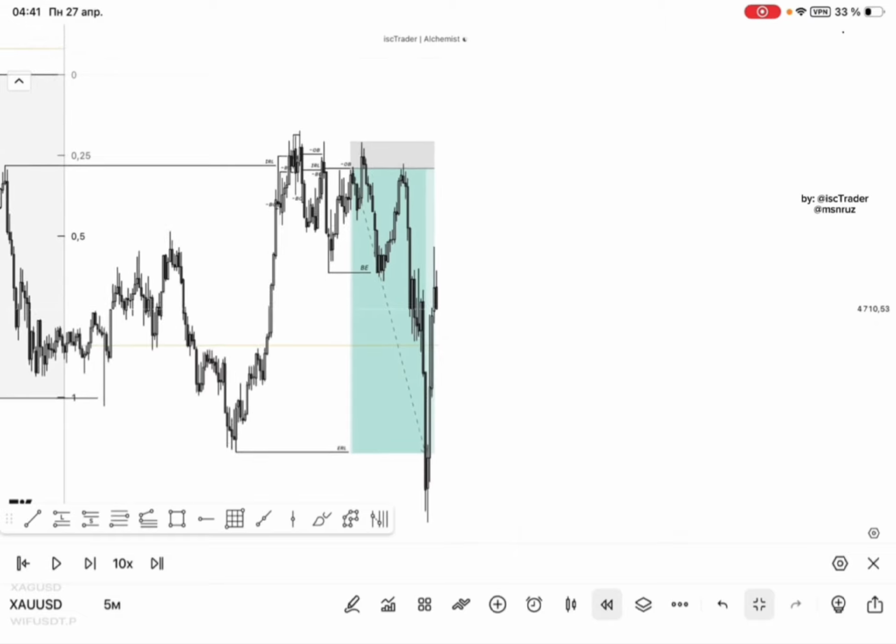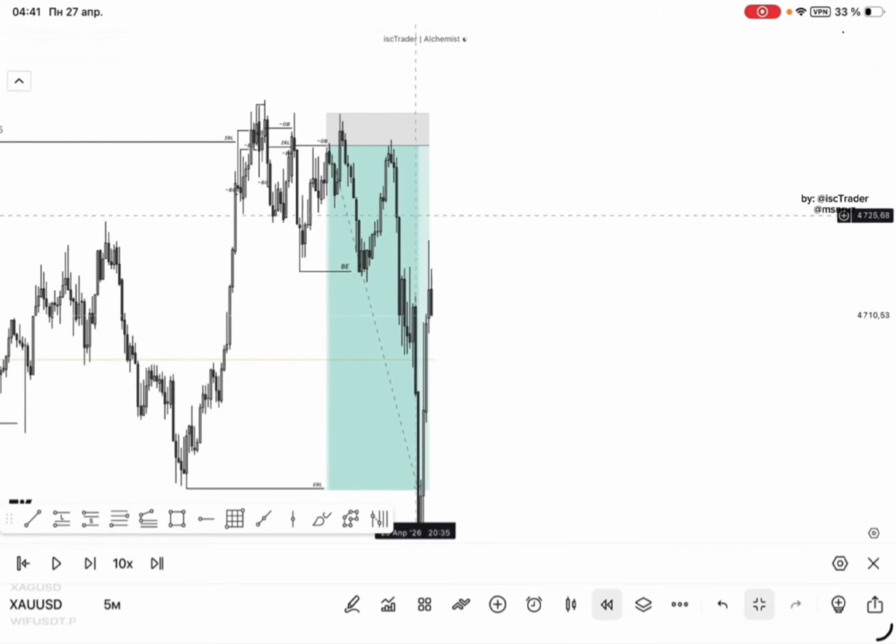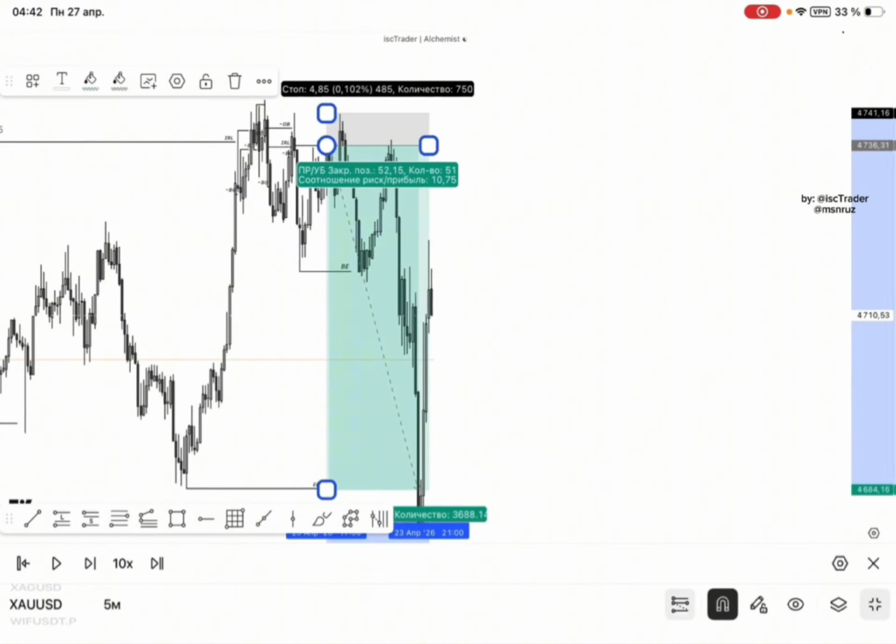Good. Just break even. Good. 1 to 10 risk reward. This is also a good result.